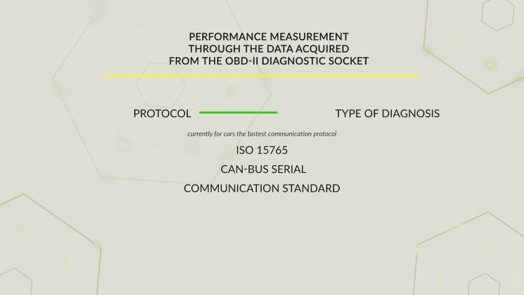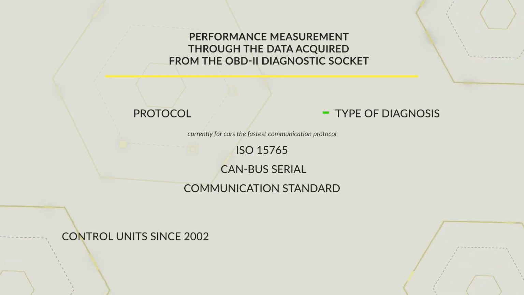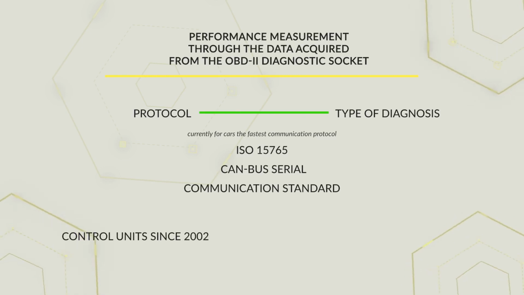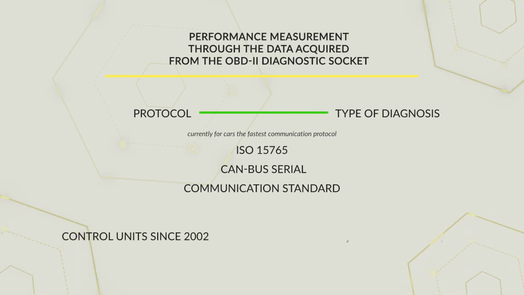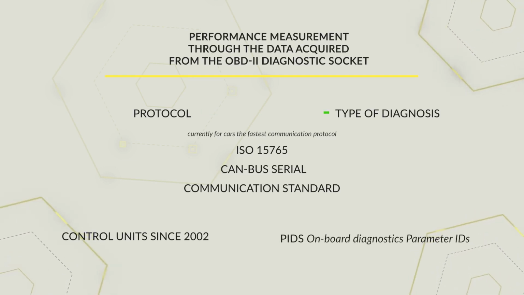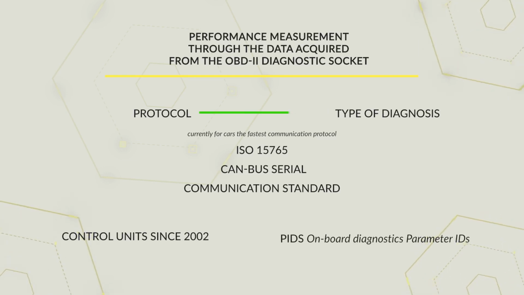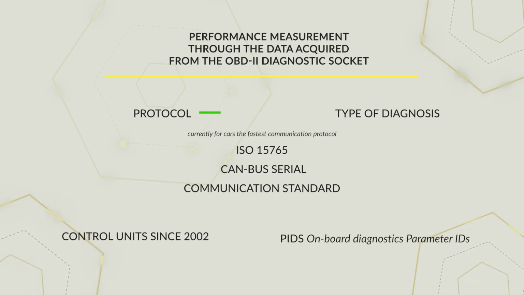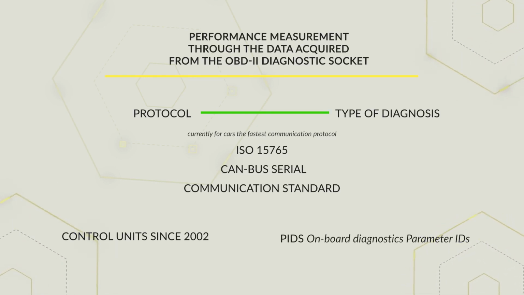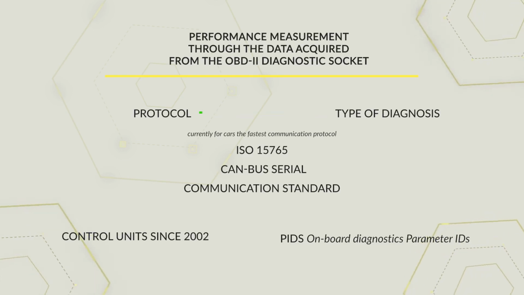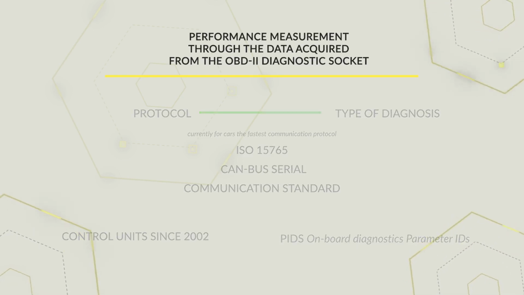While all vehicles and the control units that have controlled engines since 2002 have a set of data that can be acquired by OBD2 and basic diagnostic functions, which make up the PIDs, onboard diagnostics parameter IDs, thanks to the latter, it is possible to access the data necessary for the previously indicated calculations, albeit in a limited manner.